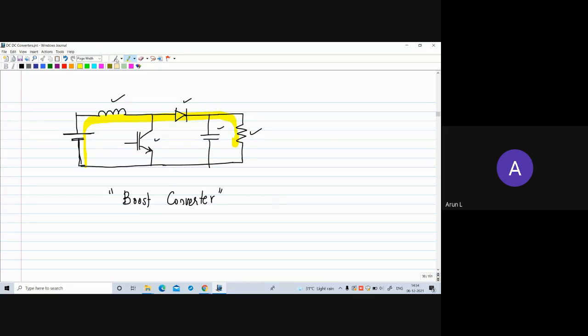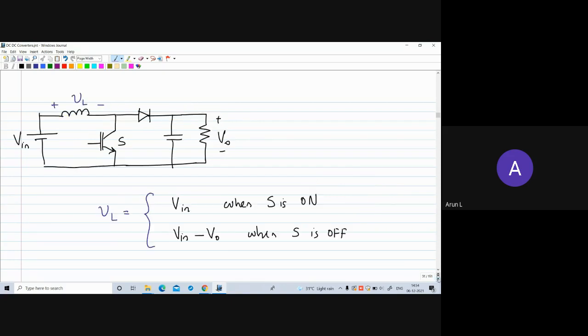If you apply volt-second balance in this boost converter circuit, you can show that output voltage will be equal to input voltage by 1 minus D. So we will get boost operation. That is, Vi by 1 minus D is always greater than Vi. This is the voltage across the inductance when the switch is on and off.